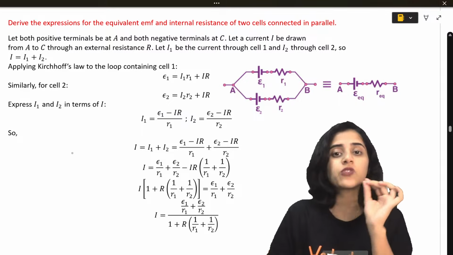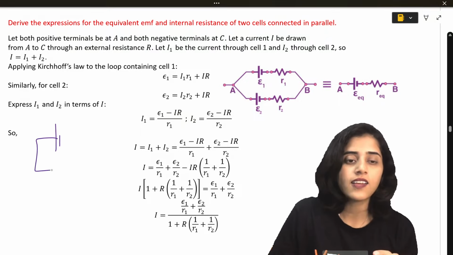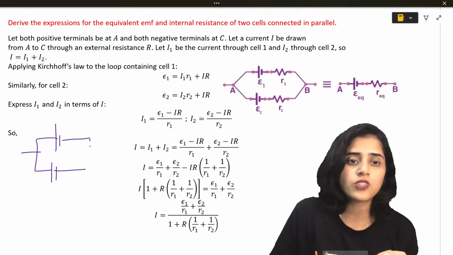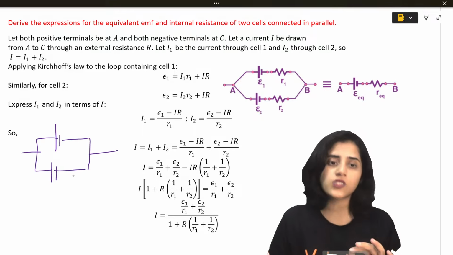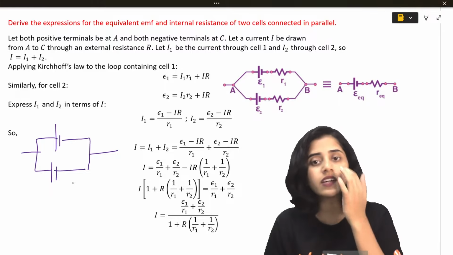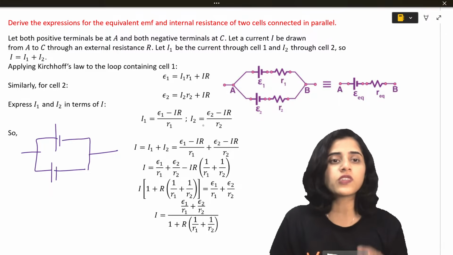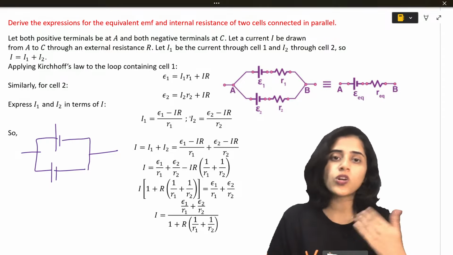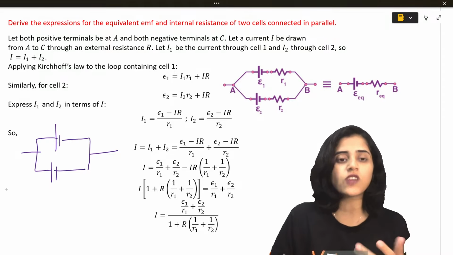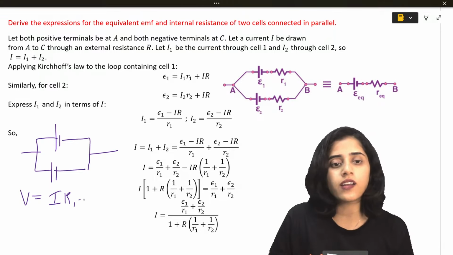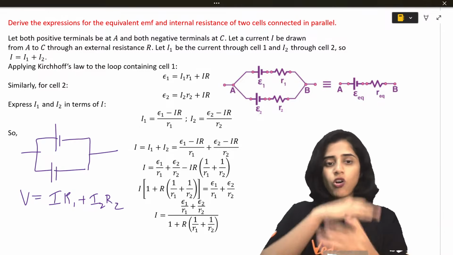So here you need to have two cells, one cell and the second cell, connected in parallel. So they're connected in a parallel circuit, and we have to find out the equivalent current through them. What we're going to do is use Kirchhoff's law. Kirchhoff's law says that V is equal to I1 R1 plus I2 R2, however many are there, all of those together.